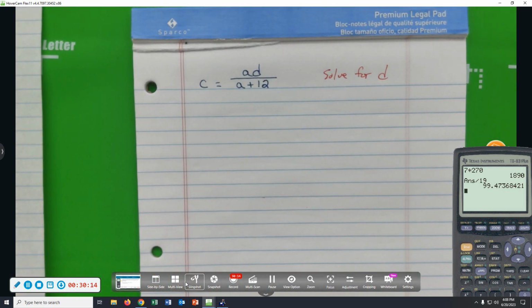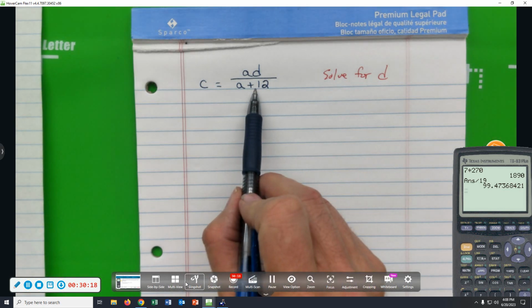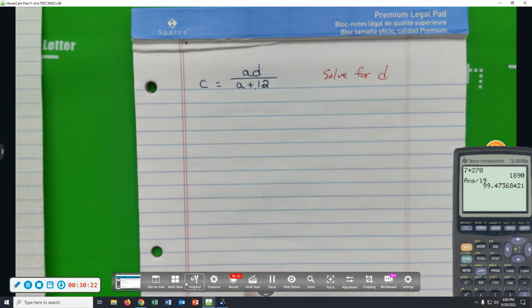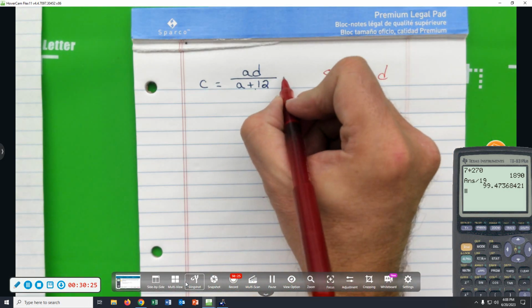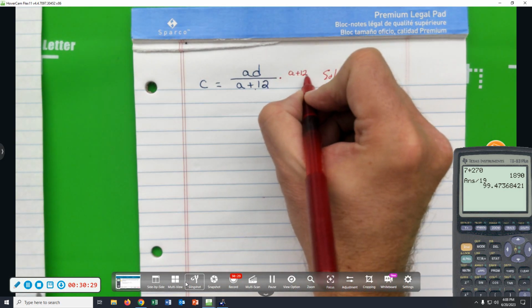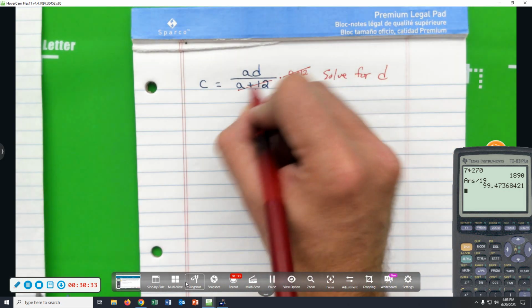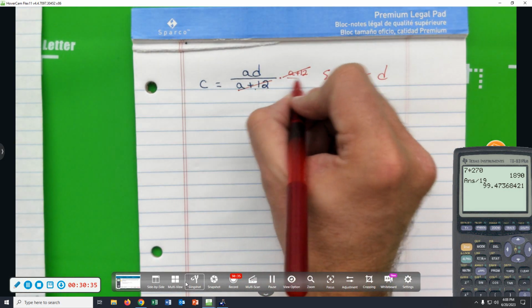Well, the first thing we should do here is get rid of this fraction. And the way you can get rid of the fraction is to multiply both sides by what? Well, the A plus 12. If we multiply both sides by A plus 12, we're no longer going to have a fraction over here.